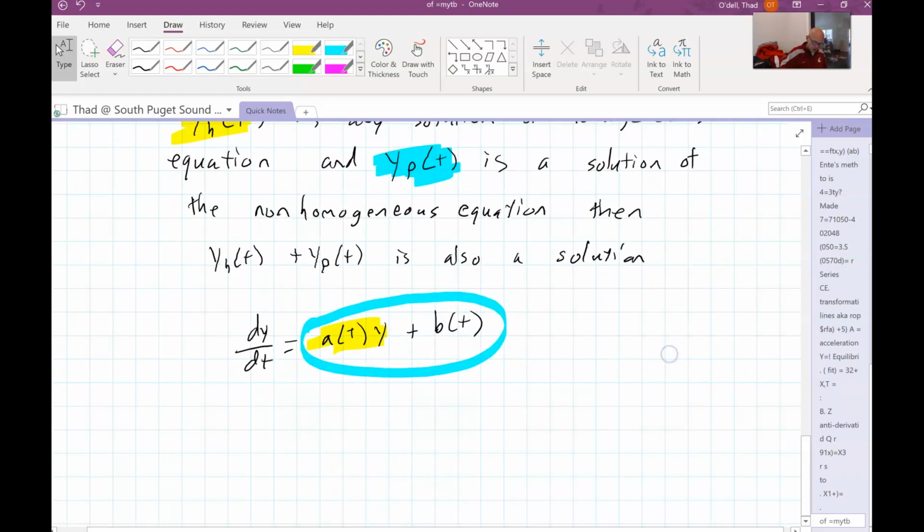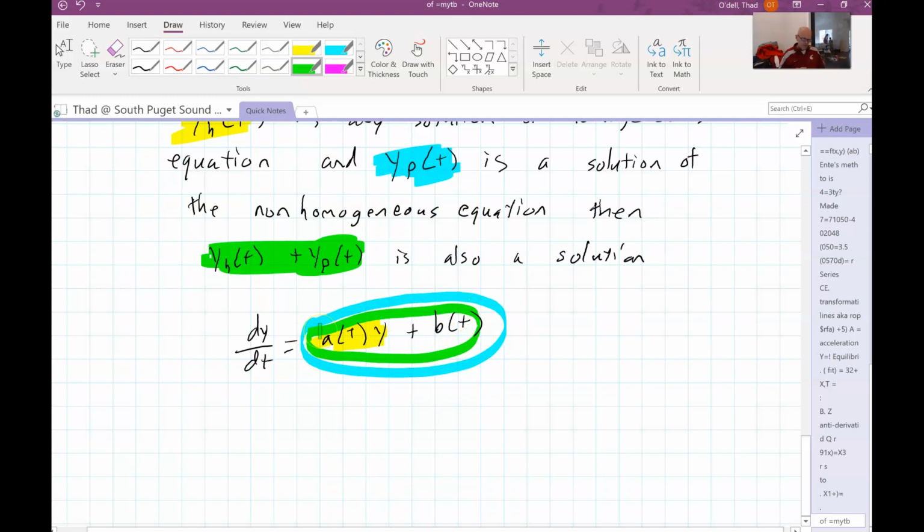Then we know that, let's say green, this is also a solution to the whole thing. That's the idea.